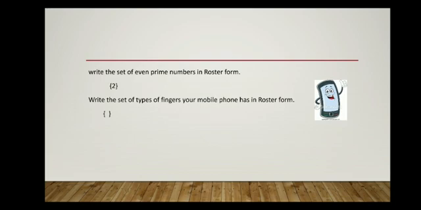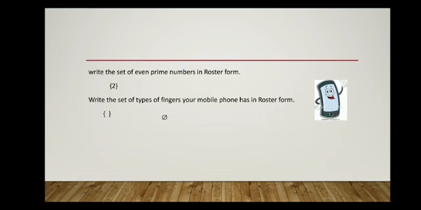You have to write the curly brackets and you should not write anything inside them. Empty curly brackets represent the empty set, that is, there are no elements. So if a set has no elements, then that set is called an empty set. And we also represent the empty set using this symbol.